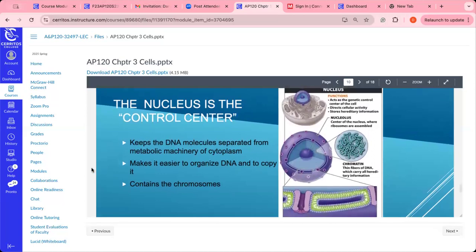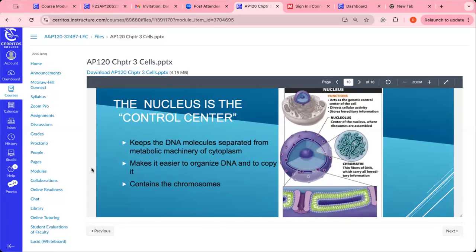Okay, so the nucleus is the control center. It keeps the DNA molecules from the metabolic machinery of the cytoplasm. The nucleus has functions. It acts as the genetic control center. It directs cellular activity, and it stores hereditary information.